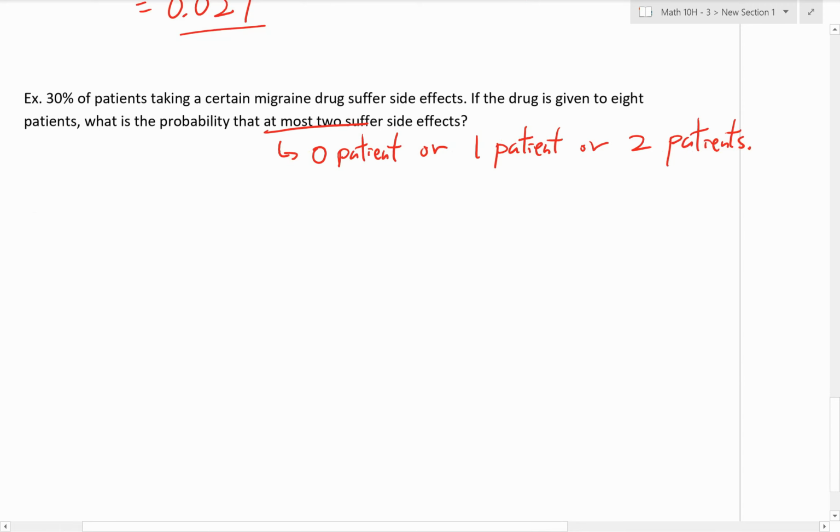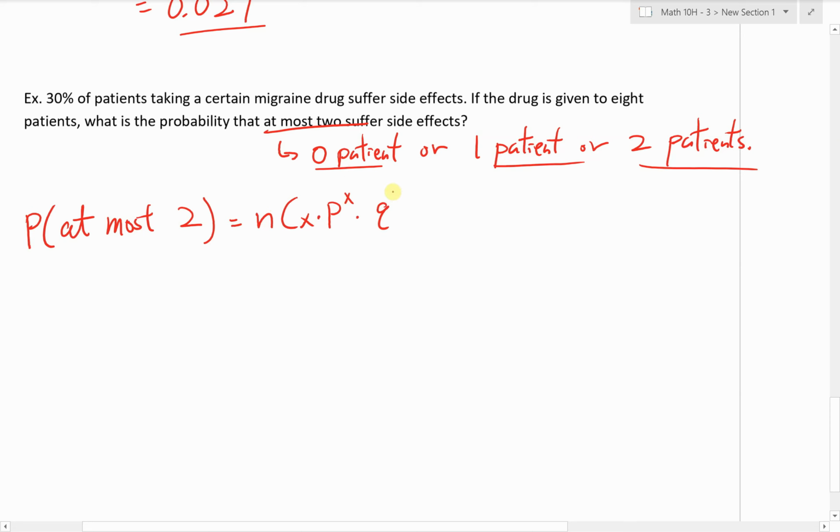So the probability of at most 2 would be, basically, we add up these 3 probabilities, right? So again, the formula is nCx p to the power of x times q to the power of n minus x.